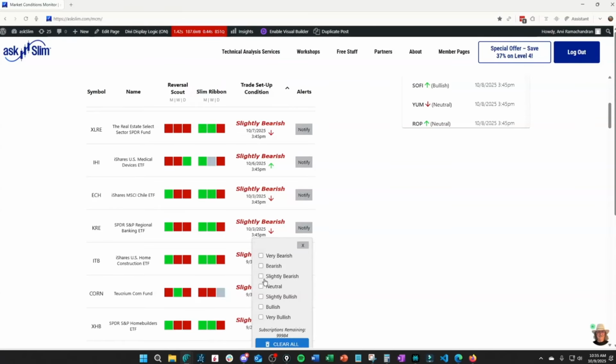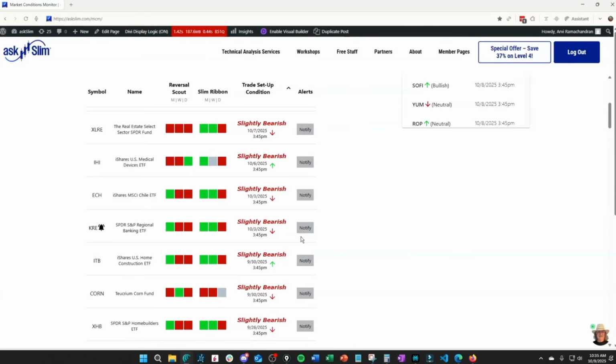So I would just actually check all these three and be notified via the askSlim desktop app when there's a change. Okay, so this is a very useful tool for you to be able to really track what's going on.